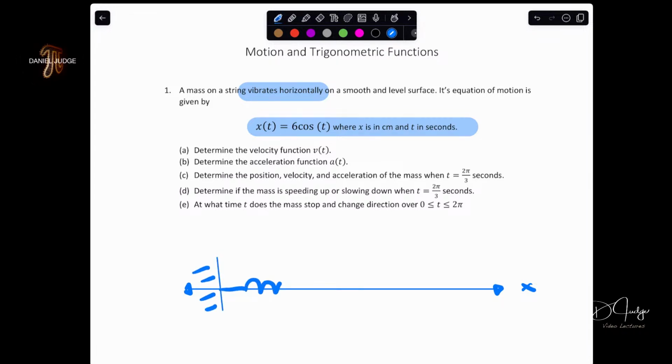You've got the string. Here's your mass, maybe at equilibrium. They're going to start the motion of this in theory forever, vibrating back and forth, assuming no resistance. I won't go into all the details of the physics behind it, but essentially the mass is just moving back and forth by the cosine curve.